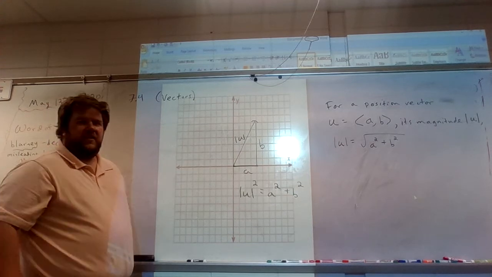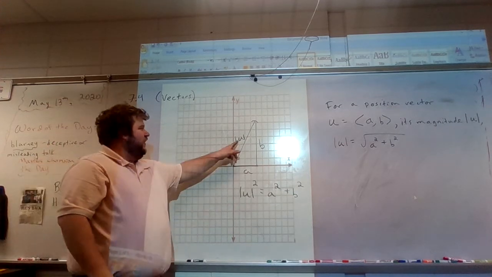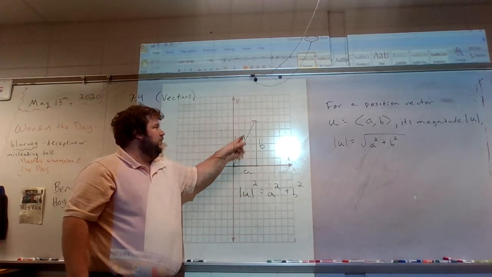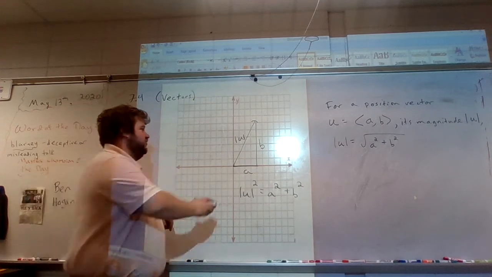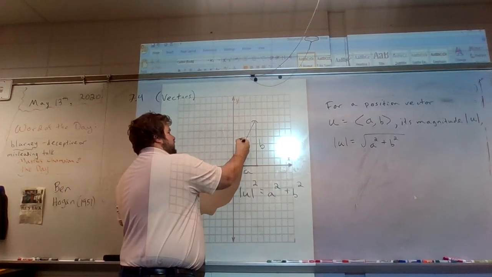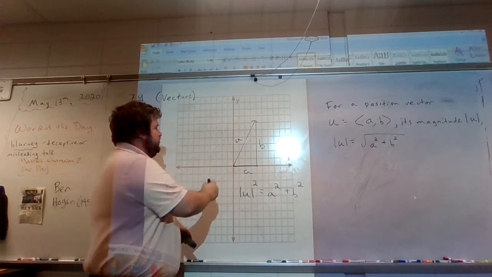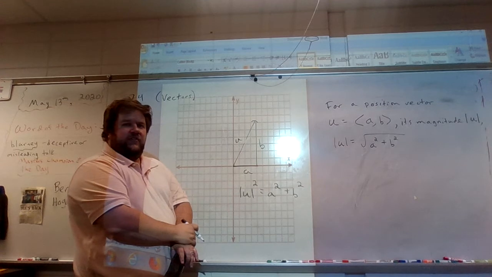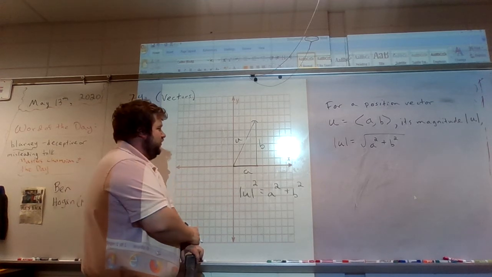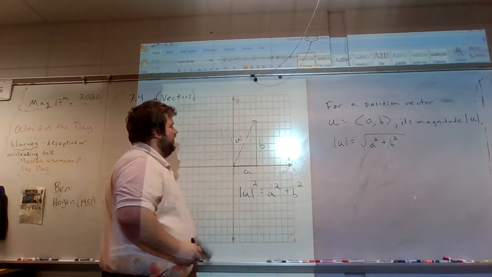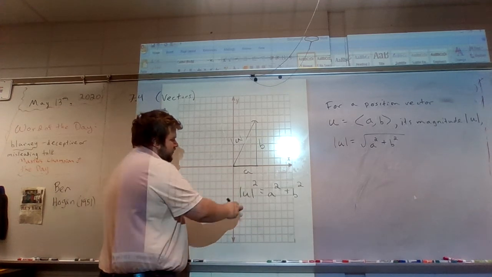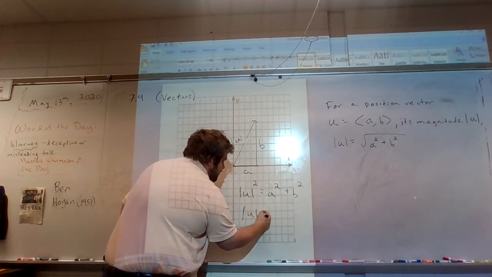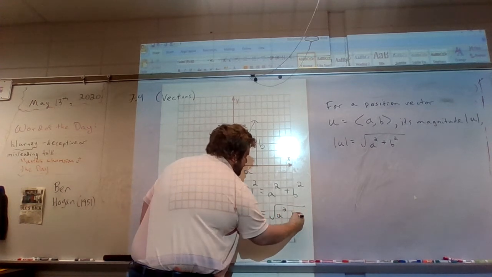So that might be maybe the part that's a little weird. When I write this like this, that's the length of the vector. So then I can apply the Pythagorean theorem. If I just wrote this like a U, that stands for the actual vector itself. It's not a real number. So I think that's something to keep in mind. It's a little weird. But then what's my magnitude? Well, my magnitude squared is a squared plus b squared. So my magnitude of my vector U is just the square root of a squared plus b squared.